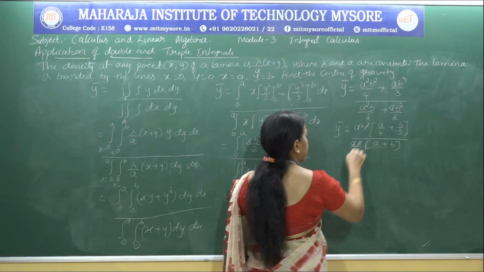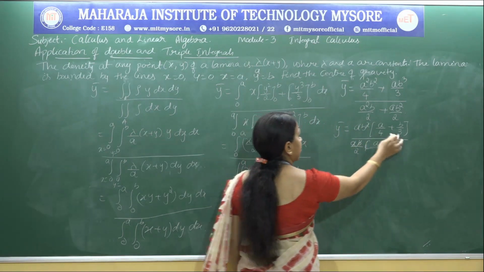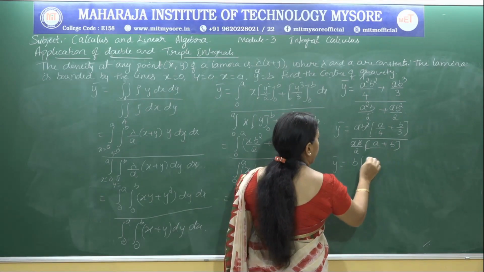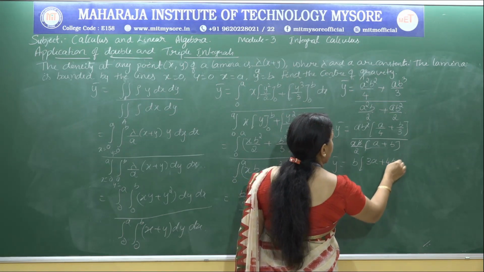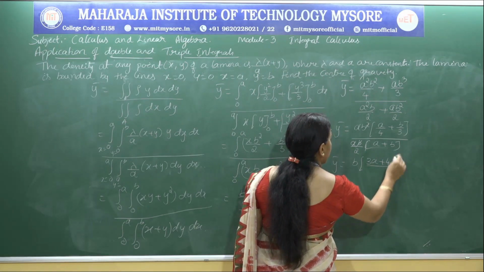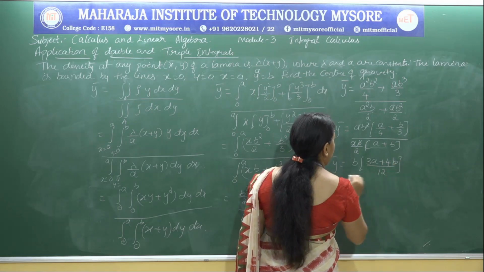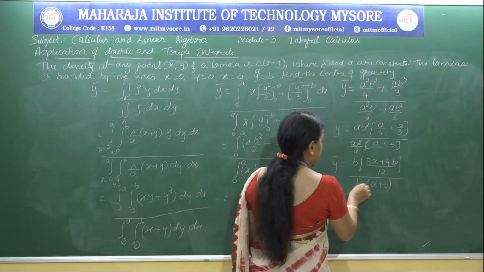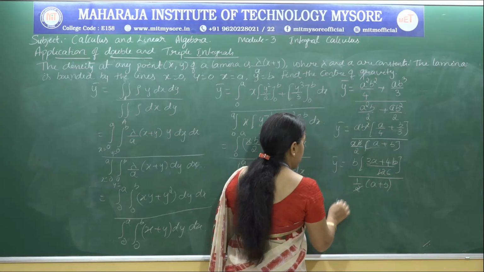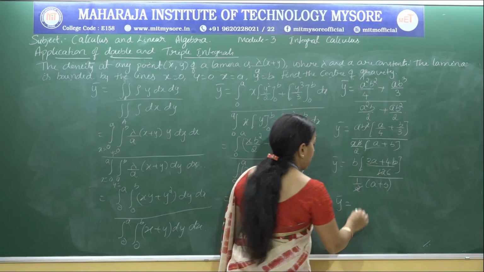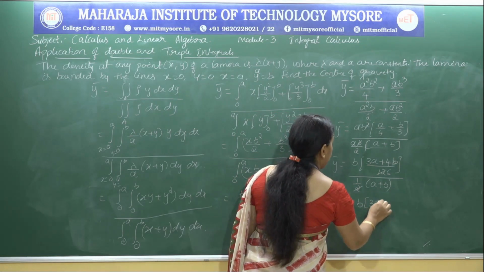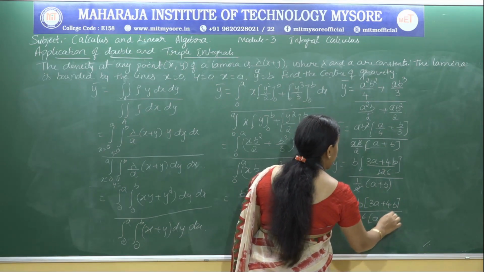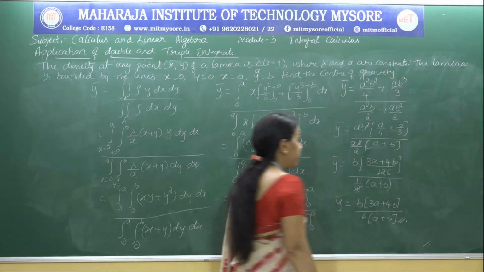So I can cancel a and one time b, and if I take the LCM between these two, y bar is b into (3a plus 4b) by 12, whole divided by 1 by 2 times (a plus b). So I can cancel this 6 times, so that y bar is b into (3a plus 4b) by 6 times (a plus b), that is our y bar.